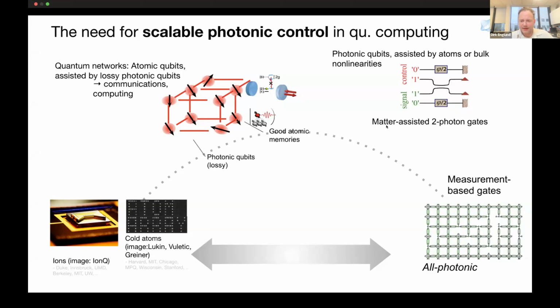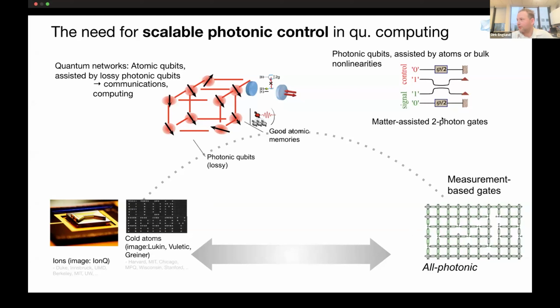And the other way is to not have inline nonlinearity as provided by this matter-assisted scheme, but instead the nonlinearity that enables these logic gates derives from the measurement itself. And so this is called measurement-based gates. Here on the right-hand side, this is a technology pursued by a big company called Quantum, for example.